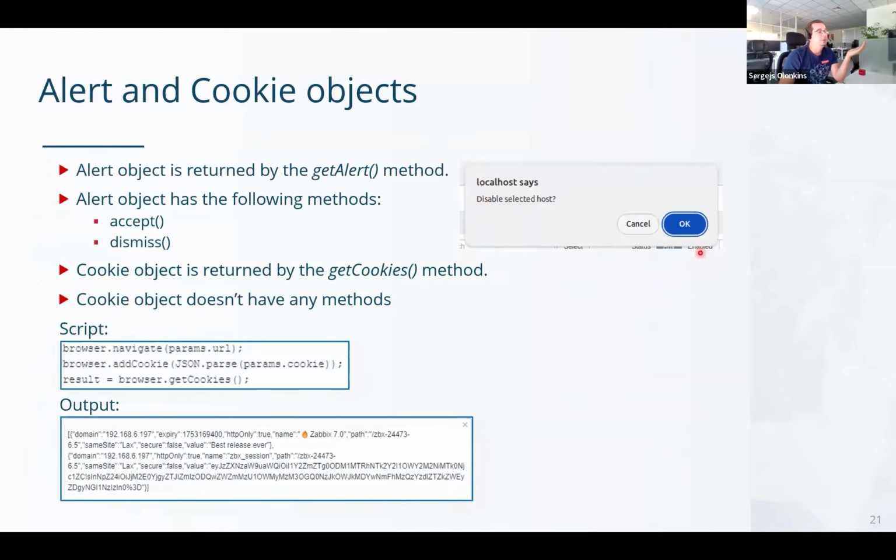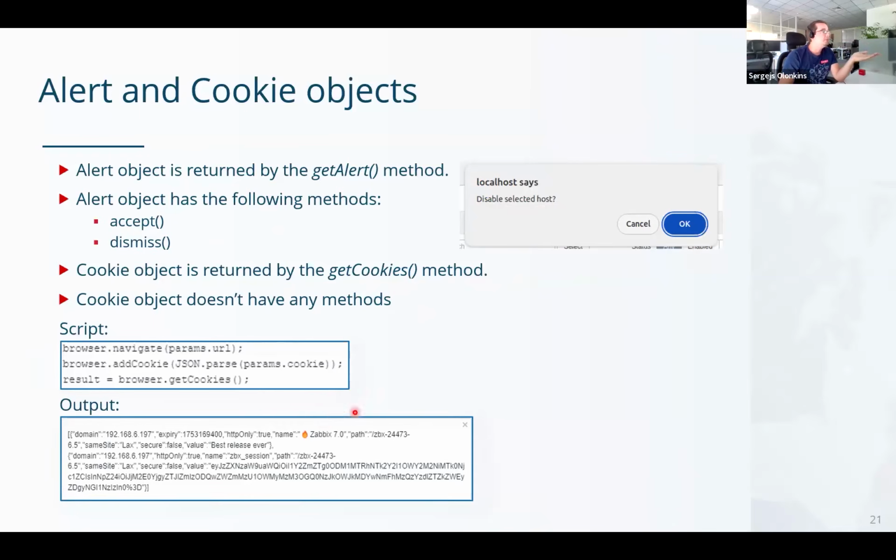What you can do with an alert, you can retrieve the text of the alert, which is disable selected host in this case. You can accept this alert or you can dismiss the alert. And the cookie object does not have any methods at all. So basically all you can do with a cookie is you can add a cookie to the currently opened page, or you can get the cookies of the currently opened page.